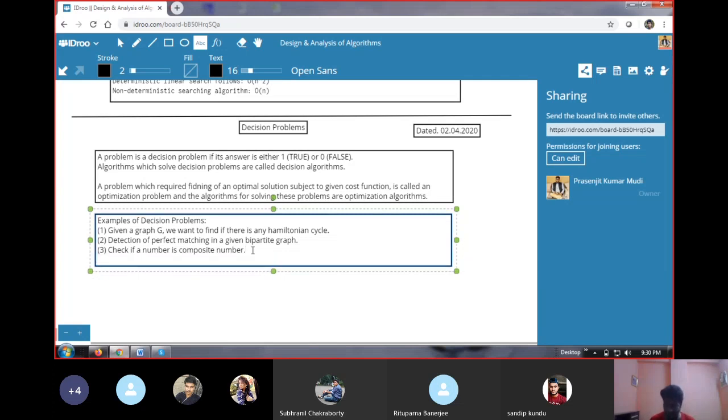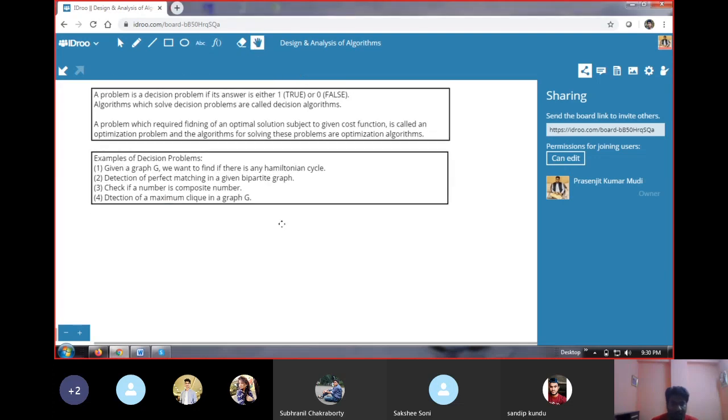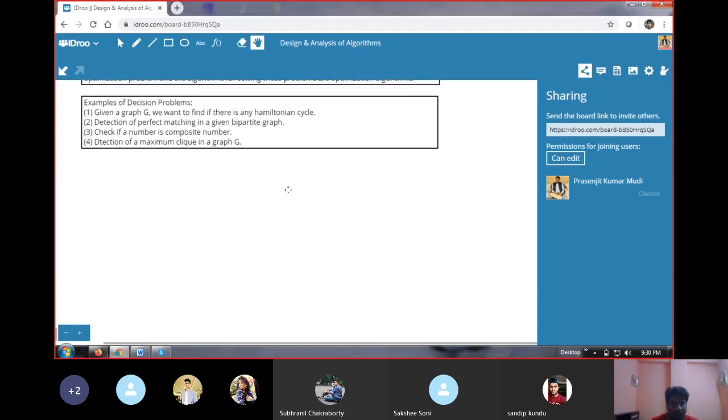Right. Another very important example in a graph: detection of a maximum clique of G. So all these are examples of decision problems.